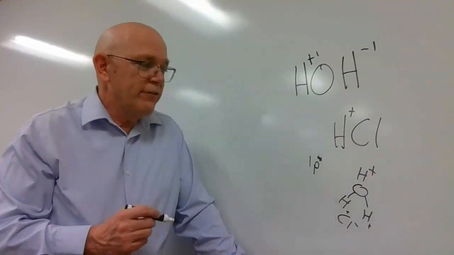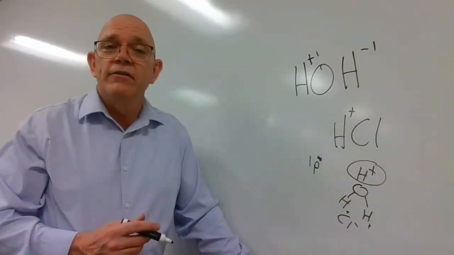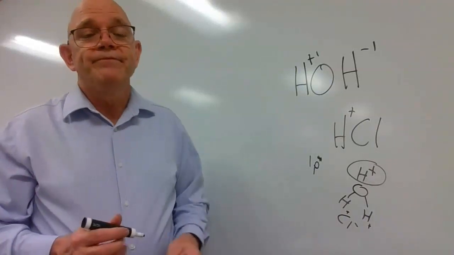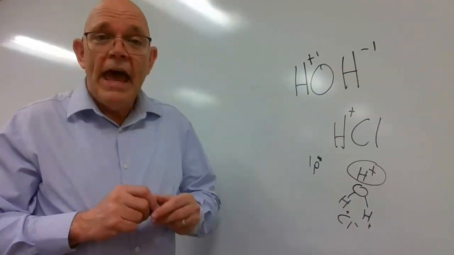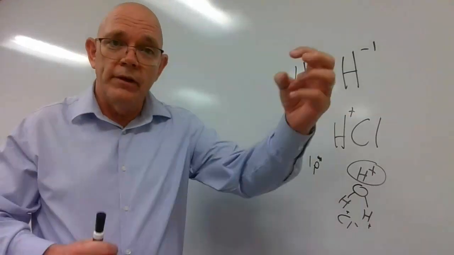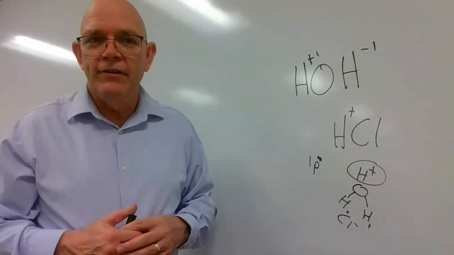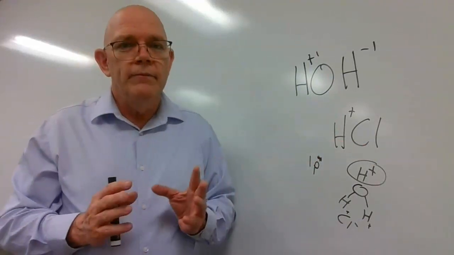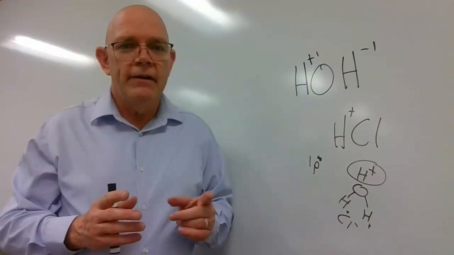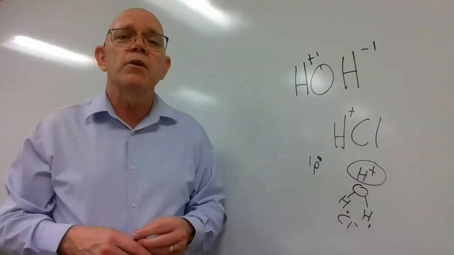The H and the Cl separate, so we say it gives off hydrogen ions. So it is an acid because it gives off hydrogens when you put it in water, just like salt would separate and go in water. The same thing happens with this acid.